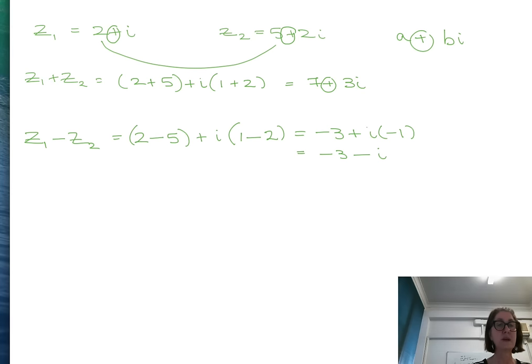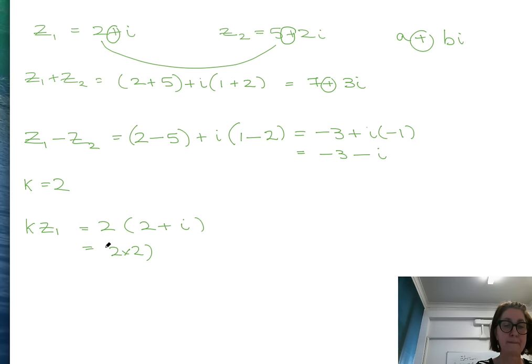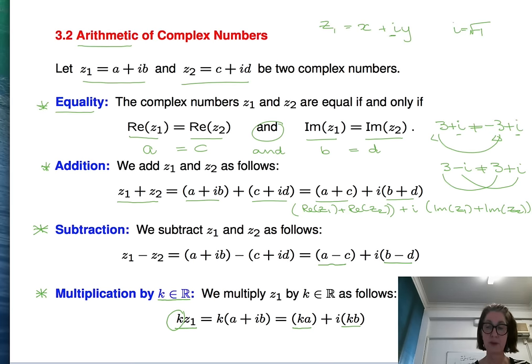So go back over here to our example. It doesn't matter what our k is, let's say k is equal to 2, and we might want to take k times z1. That's going to be equal to 2 times 2 plus i, so we just have 2 times 2 plus 2 times i. Altogether that's 4 plus 2i. So that's our scalar multiplication.